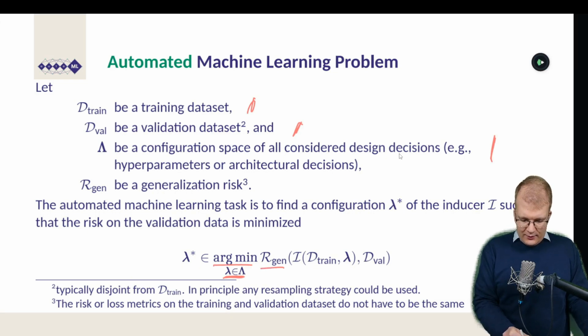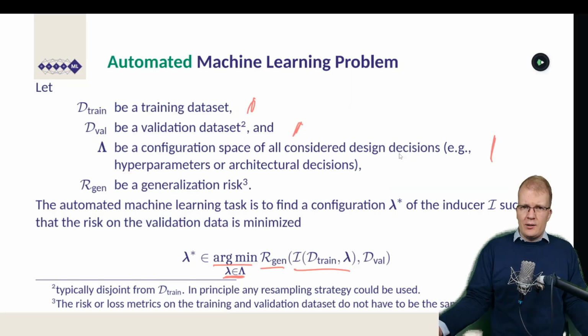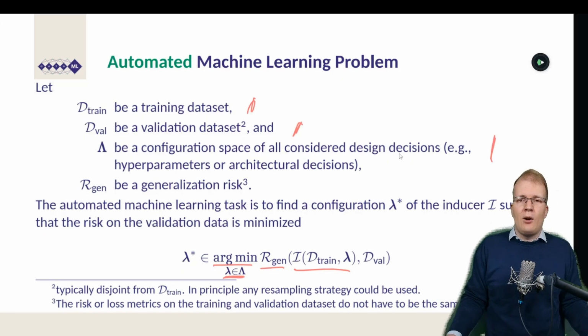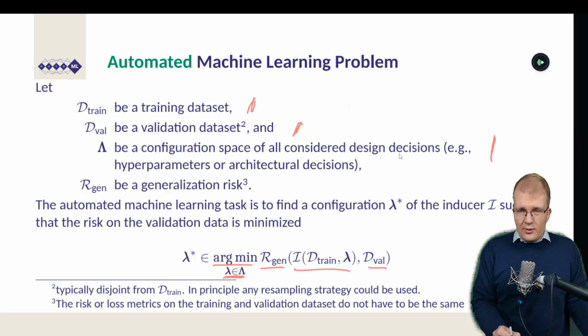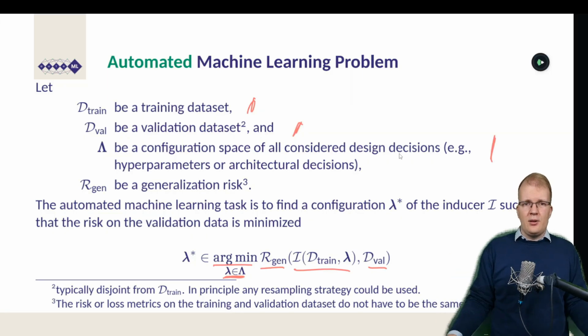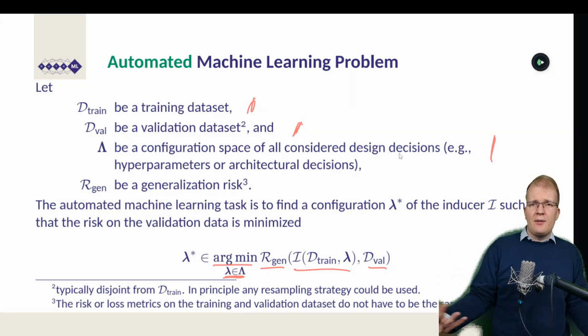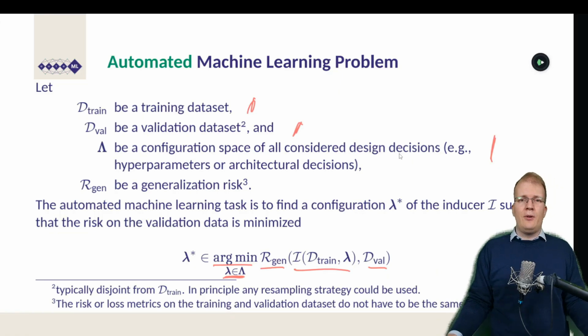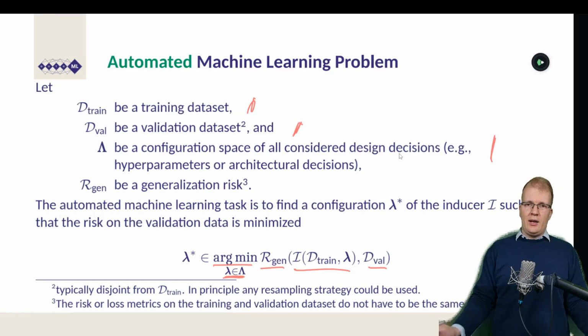Now we're saying we have generalization risk, which on the one hand, the inducer gets the training data set and the configuration, produces now our model, and it gets also in addition validation data, which is of course disjoint from the training data, so that we get an unbiased estimator of how good the found model actually performs.